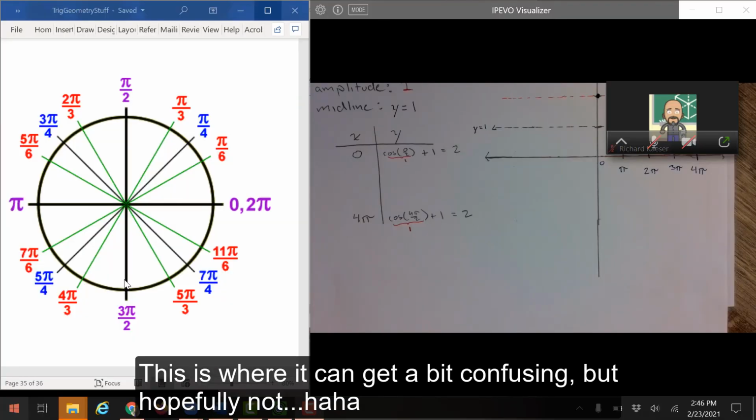This is where it can get a bit confusing, but hopefully not.